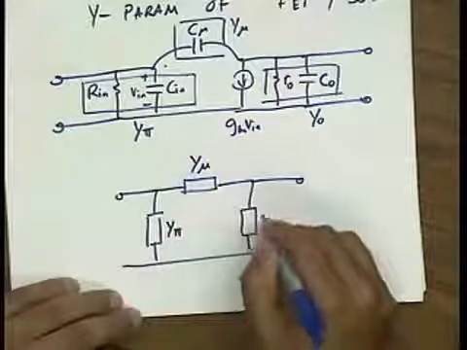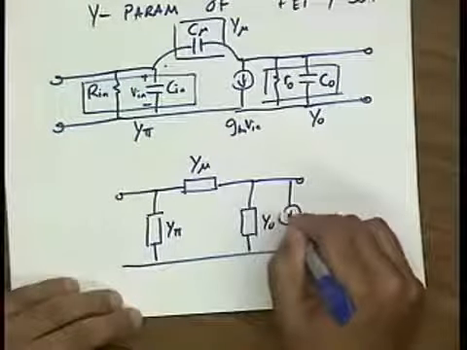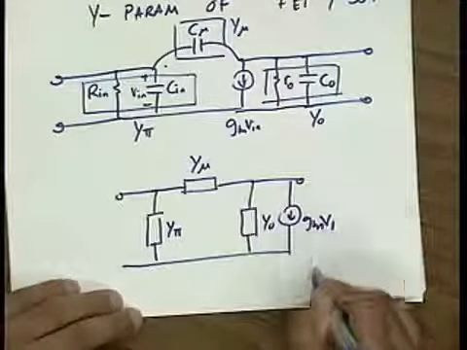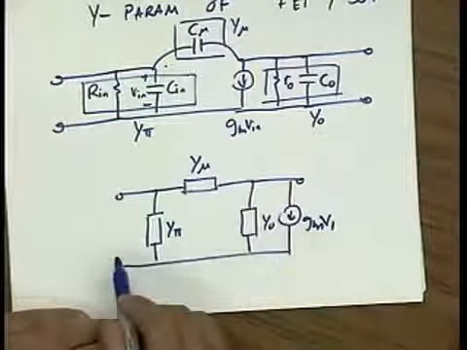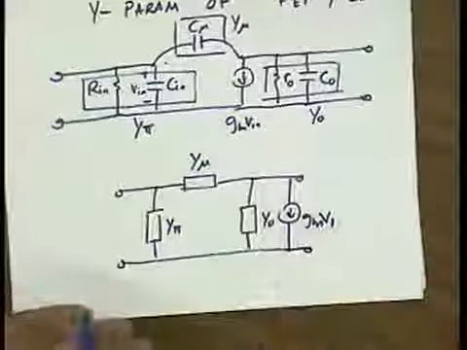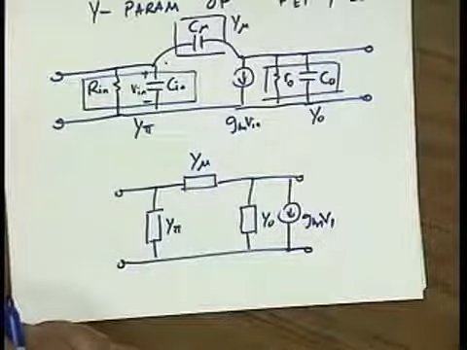This is also why we like to call this hybrid pi models. And you'll notice here that V1 is actually the same as V in. So I can just write GM times V1.